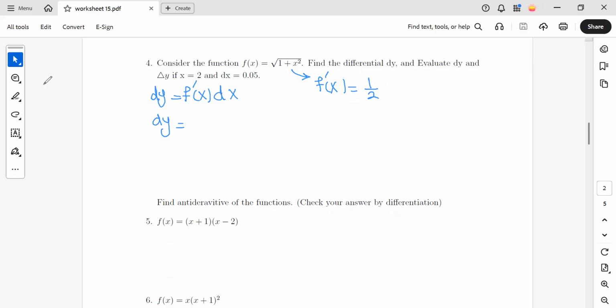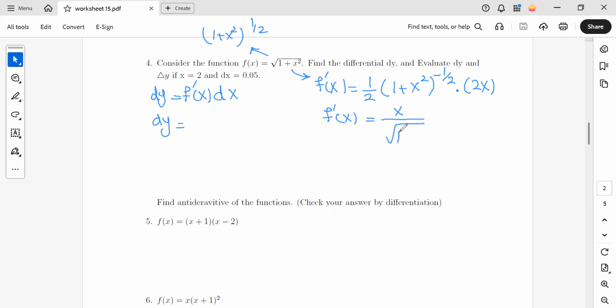Let's think of it this way. F of x is 1 plus x squared to the power 1 over 2. So f prime would be 1 over 2 times 1 plus x squared to the power 1 less, which is negative 1 over 2, times the derivative of the inside, which is 2x. So after simplification, we would have f prime of x equals x over the square root of 1 plus x squared.